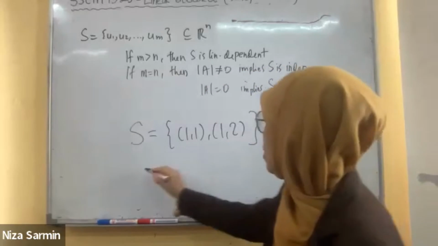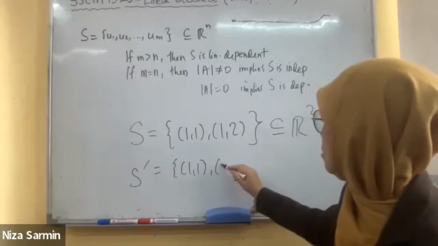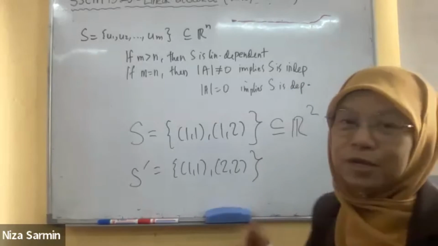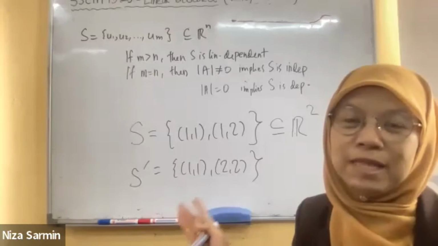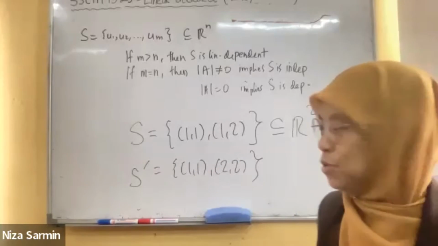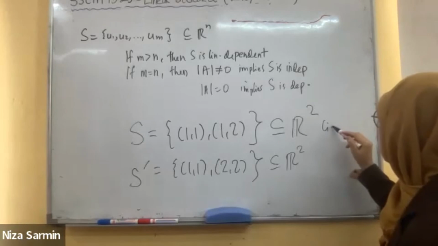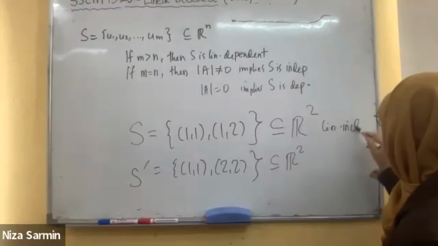If I give you another one, one reason is because one is the multiple of another one. Another reason is because the determinant is 0. So this is dependent.